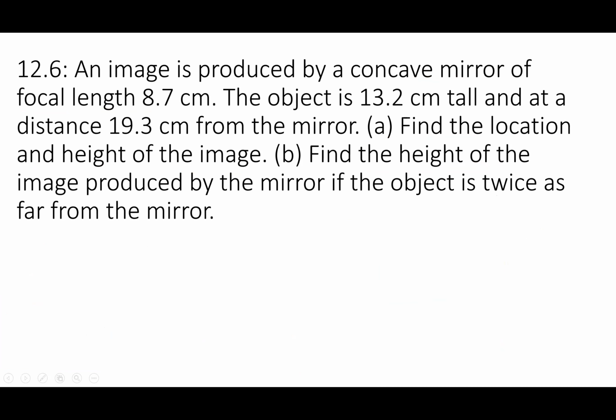Now 1 by f is equal to 1 by p plus 1 by q. P is given, f is given, you can find the value of q, and you will get the answer.